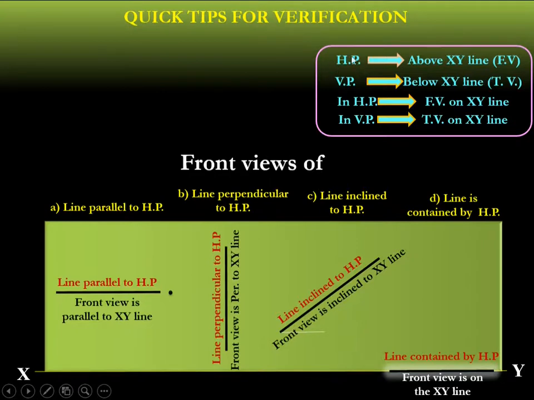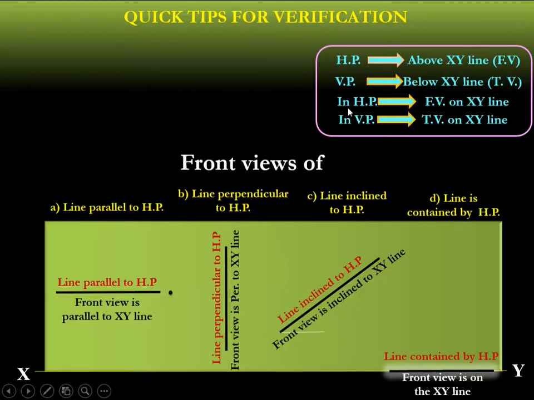Whenever the reference plane is horizontal plane, we need to draw the projection above the XY line. That means the front view must be drawn above the XY line. Whenever the reference plane is vertical plane, the projection must be drawn below the XY line. That is, the top view must be drawn below the XY line.